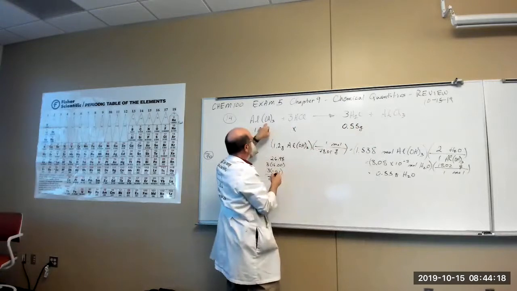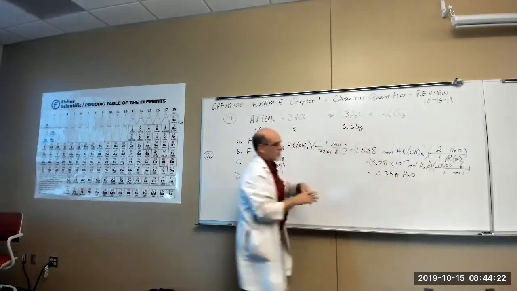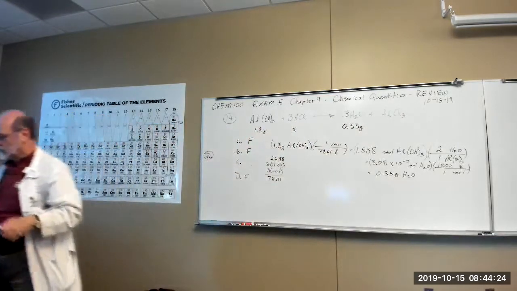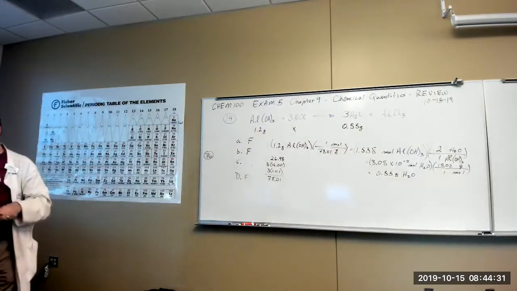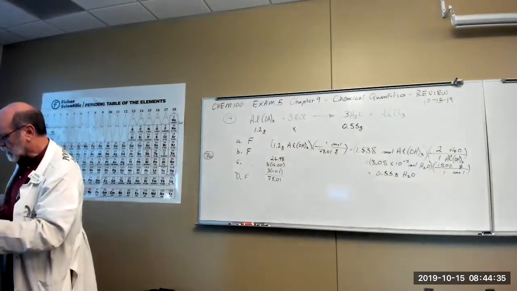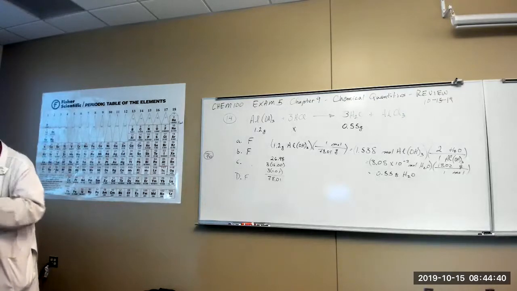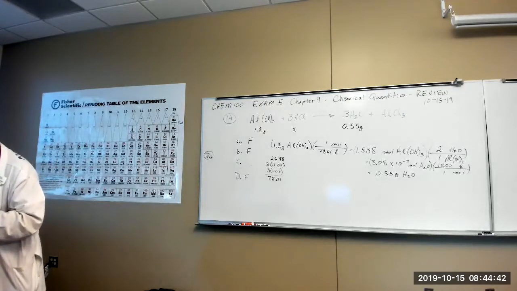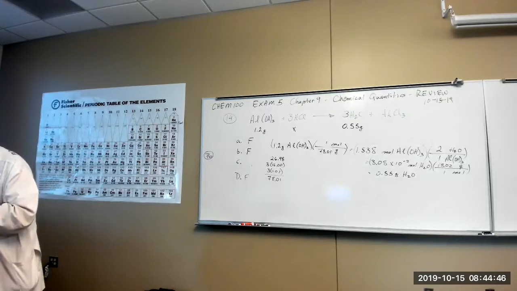There's 3 oxygens and 6 hydrogens. That needs to be a 3, three in front of the water. Okay. That means this needs to be corrected too. This would be 3 here.